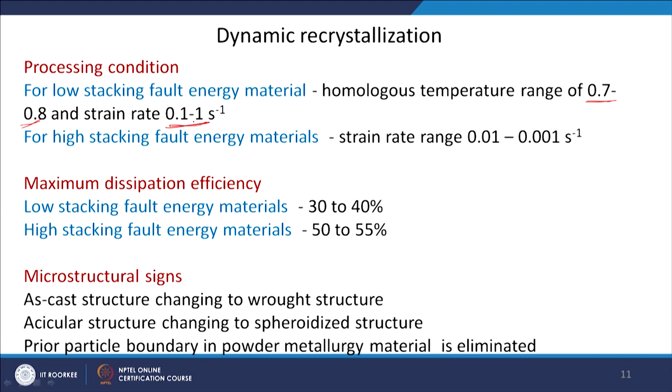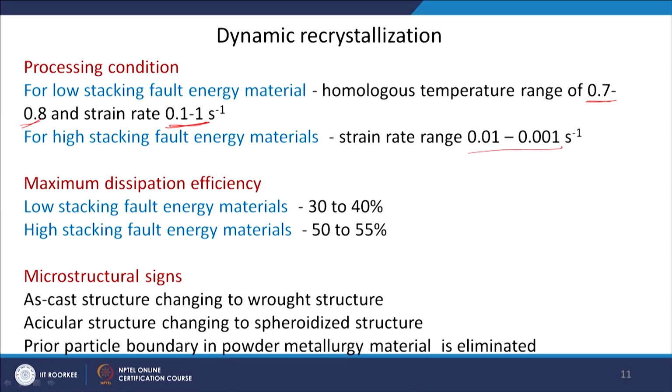For low stacking fault energy, this is where you should be able to get dynamic recrystallization, whereas for high stacking fault energy materials, the strain rate range is at a lower strain rate range as compared to the low stacking fault energy materials. Okay. Of course, the temperature range will be more or less the same.